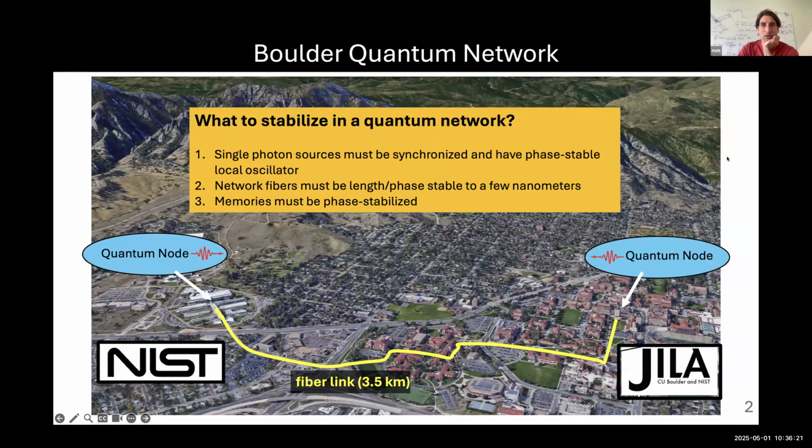Next slide. In the Boulder area, especially if we're using these path entangled states, we're going to require most of the same technologies that we've developed over decades for clocks: making very accurate clock signals, including frequency combs to generate single photon states, very stable network fibers over kilometers, and things like memories and phase stabilized optical cavities.